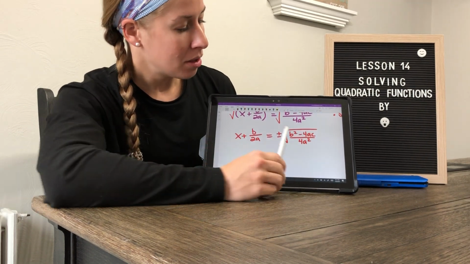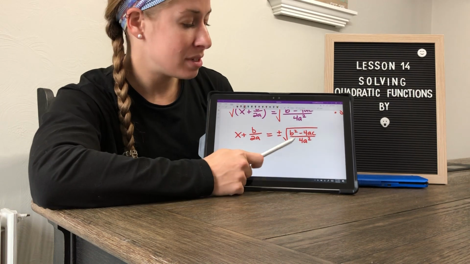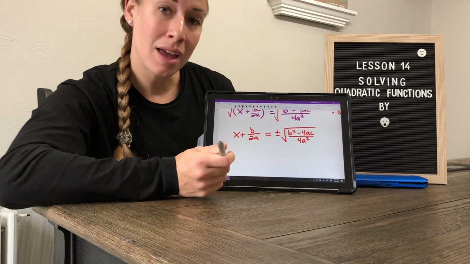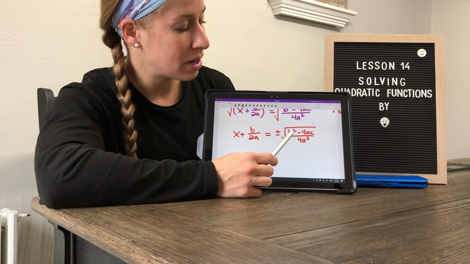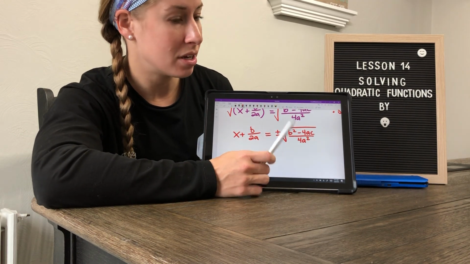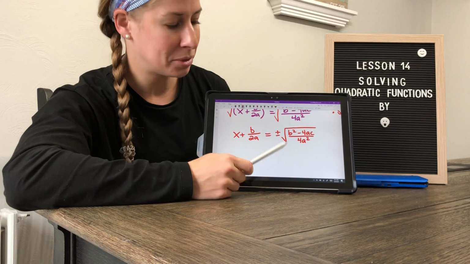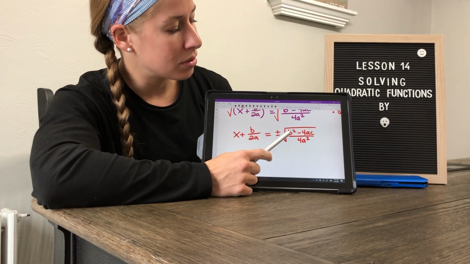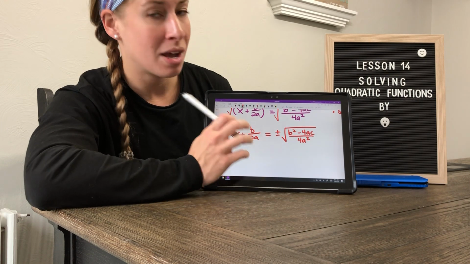But I kept recommending that you simplify your radical first. So let's simplify this radical. Again, back to chapter 7, taking the square root of a fraction, or no, this was just in this chapter. When we talked about radicals, you can square root the numerator and square root the denominator.